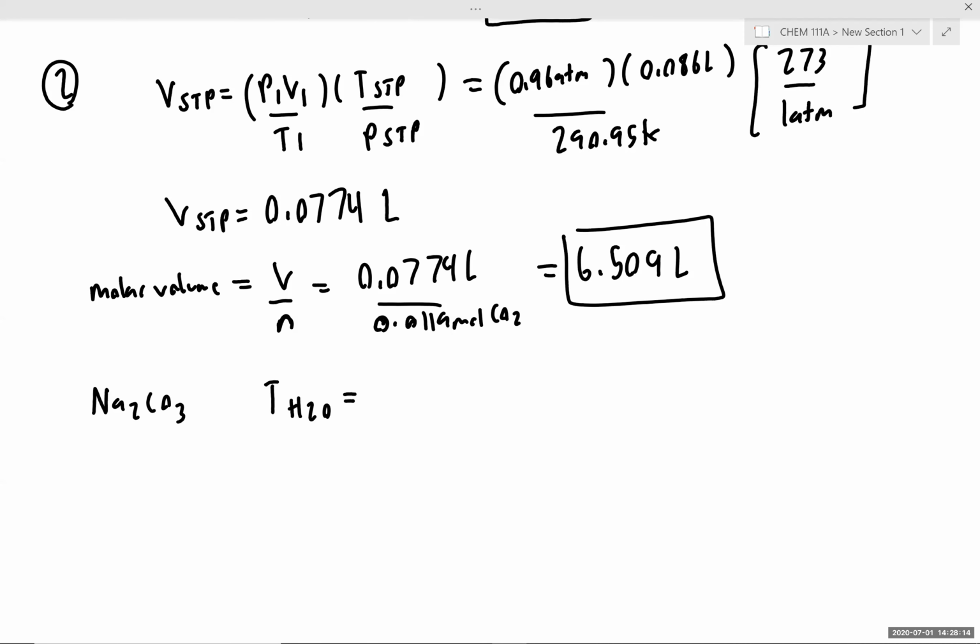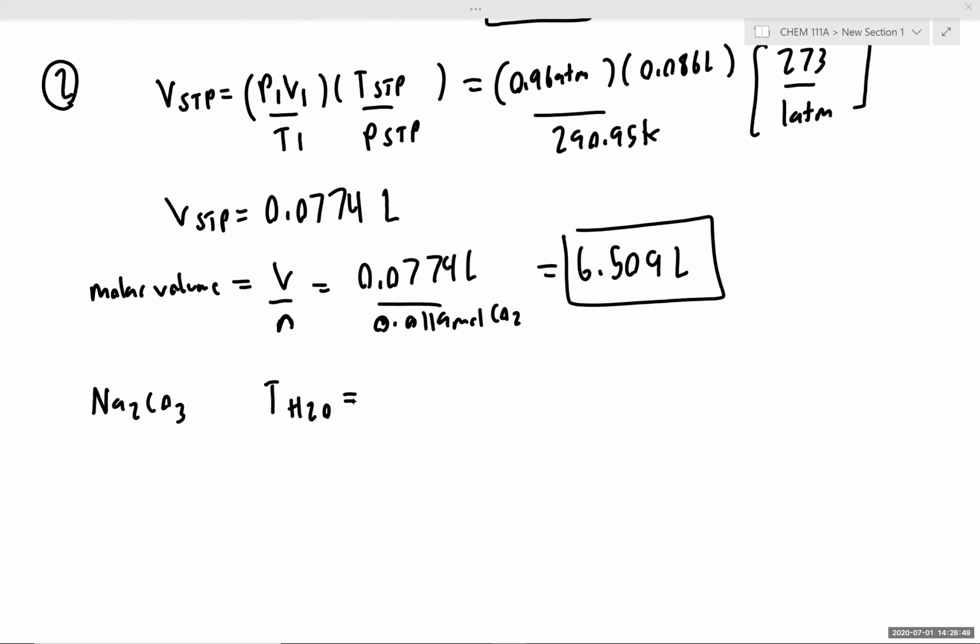Let's look that up in our procedure and from our collected data. What was the water temperature for our sodium carbonate runs? Not the hydrogen carbonate, the sodium carbonate, which we measured when we ran the sodium carbonate samples.